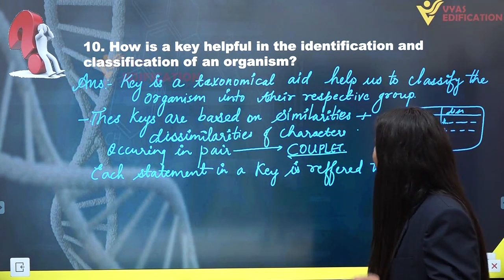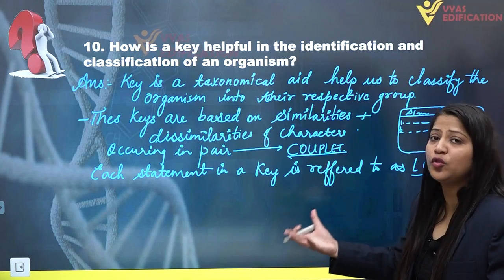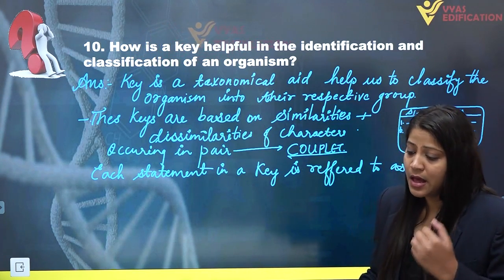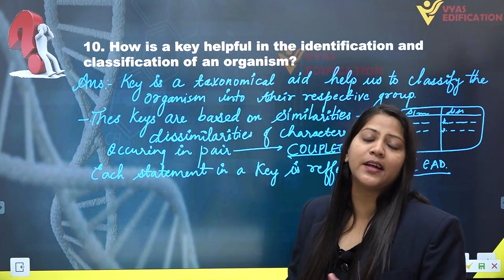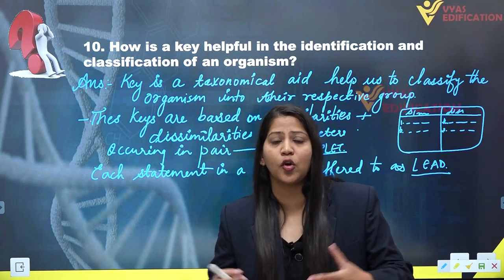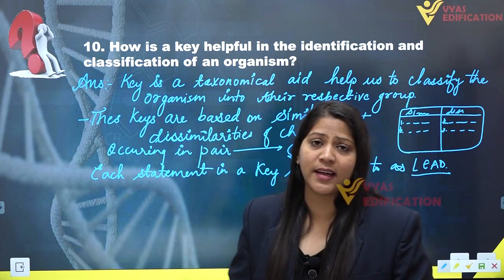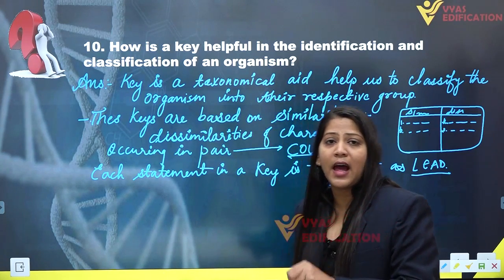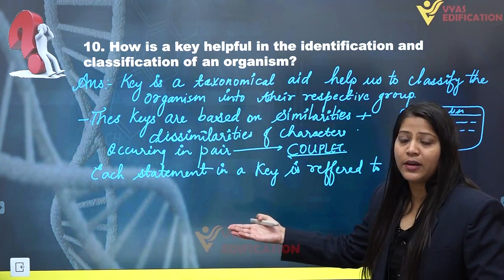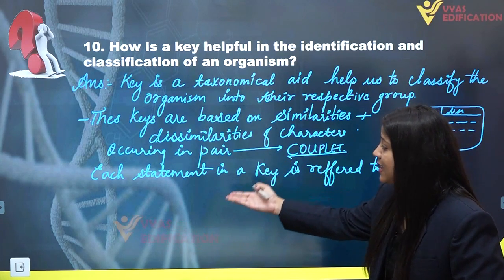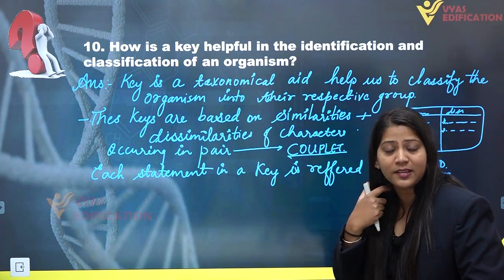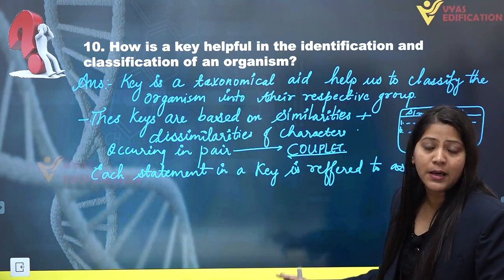Now, how can it help us to classify any organism? When we classify any taxonomic group or any taxonomic rank such as family, order, genus, etc., we classify them according to the key. We classify them according to the dissimilarities and similarities given in the key.